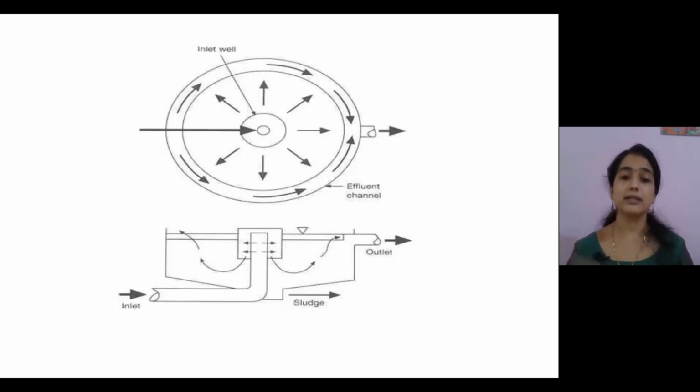The second figure is the sectional view of the circular basin, in which the central pipe is shown and the distribution is happening. You can see the parabolic flow movement in the circular basin, and sludge can be removed from the center of the basin.